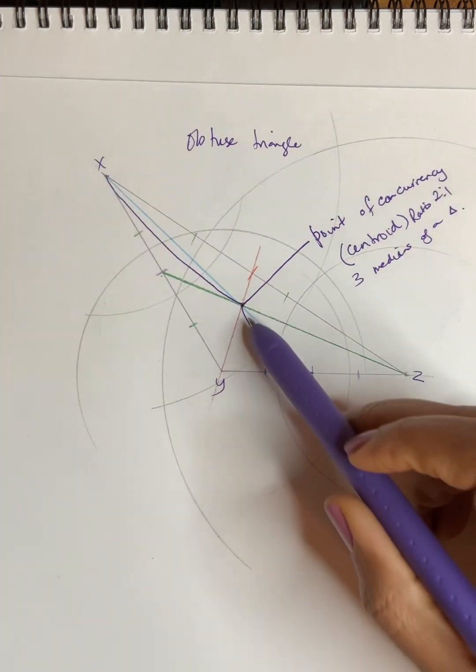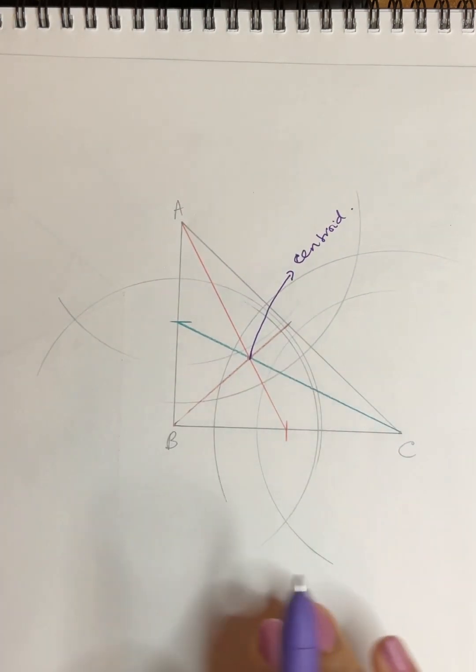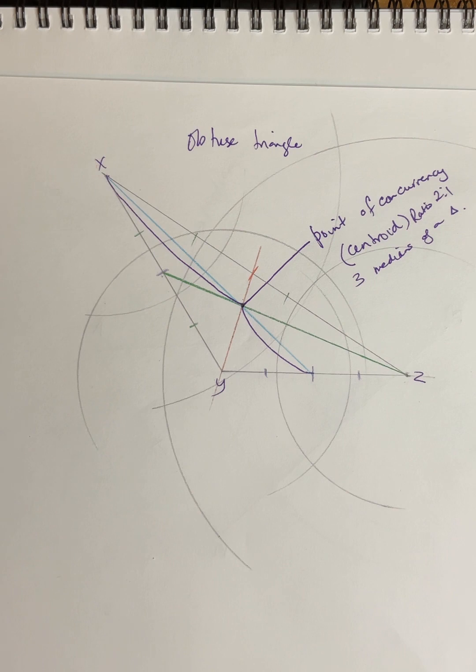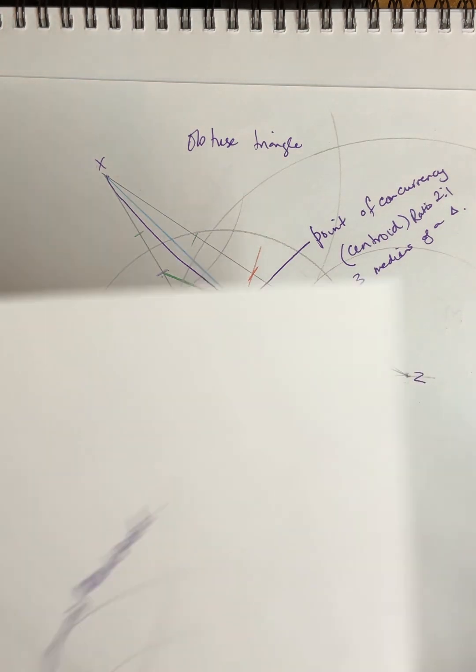This is also meeting inside, and you'll notice that because they meet inside, these triangles are very unique. So that was the obtuse triangle, this is the right triangle.